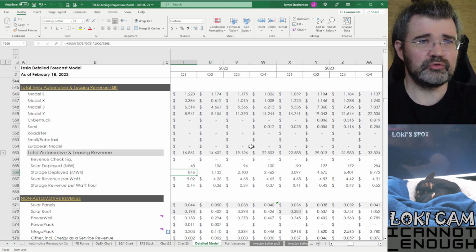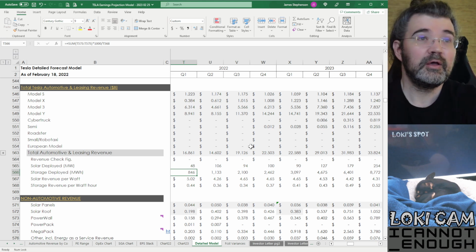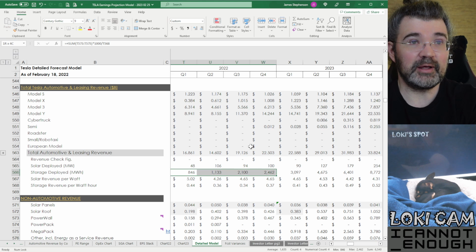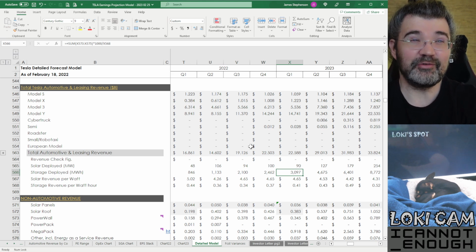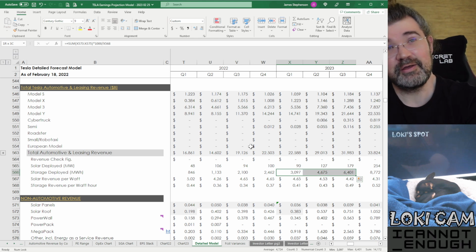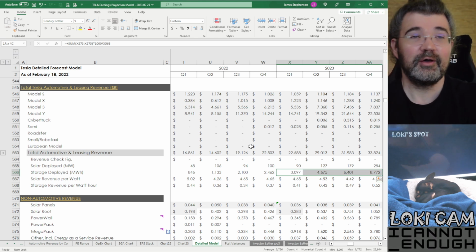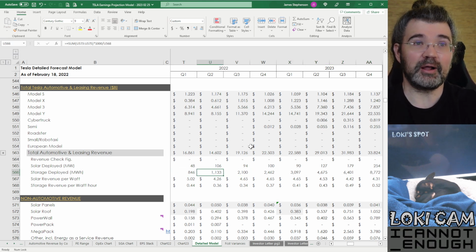Then for storage deployed, and this is measured in megawatt hours, Tesla had 846 last year, 1133, 2100, 2462. What am I forecasting for the rest of the year? Huge increases. So 3097, 4675, 6401, 8772. What's doing this? Well, you don't have to make that many more megapacks to grow this number a lot.